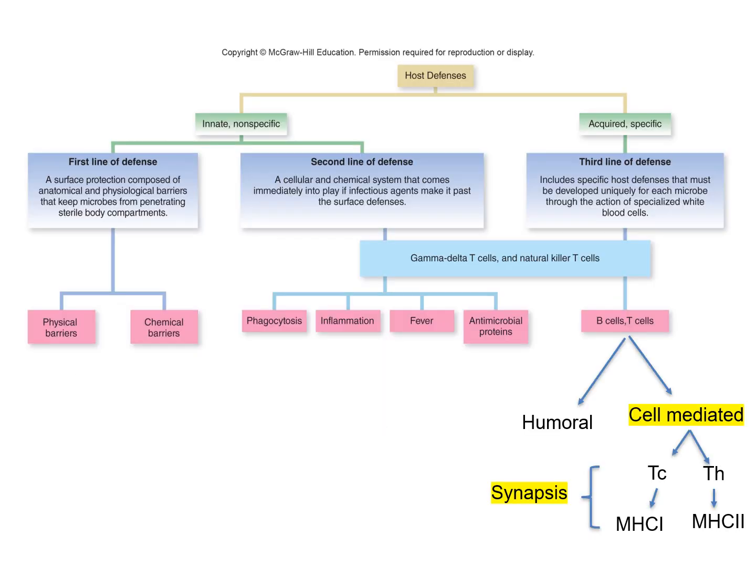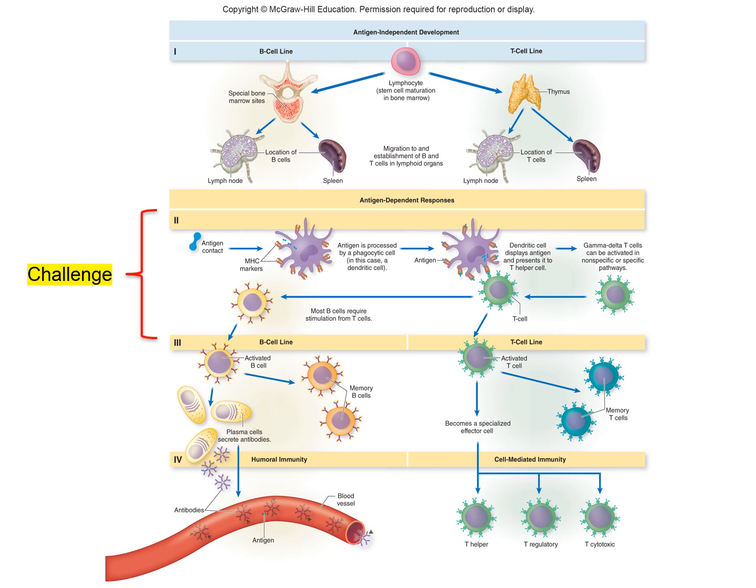So specifically, one type of T lymphocyte has that MHC2 and the other has the MHC1. So when that synapsis occurs, when the two hands meet, one from the APC and one from the T lymphocyte, that is referred to as challenge.